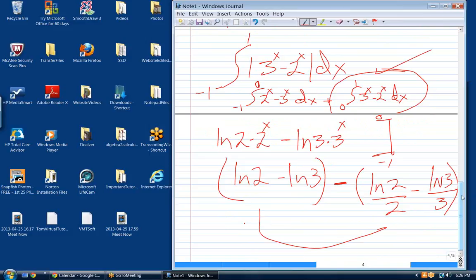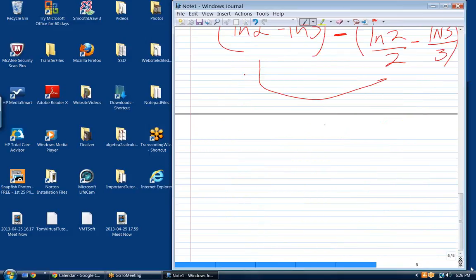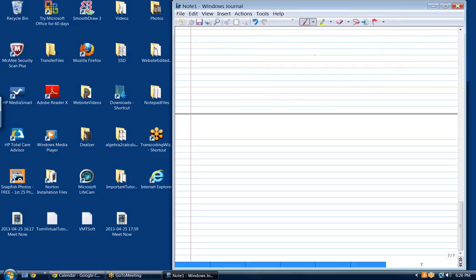Okay. Let's see if there's anything else. Hold on 1 second. There are some other techniques when finding areas under the curve that they may want you to know.